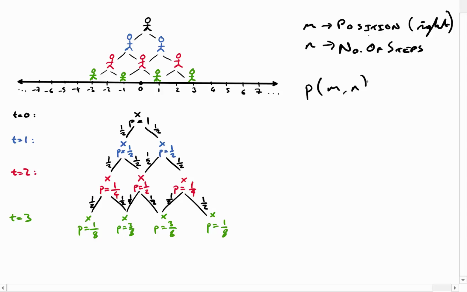Because the probability of moving to the right is exactly the same as the probability of moving to the left, the probability of minus m and n is exactly the same as the probability of m and n. That's because m is a position to the right and minus m is a position to the left. For example, the probability that I'm at position 3 is exactly the same as the probability that I am at position negative 3.